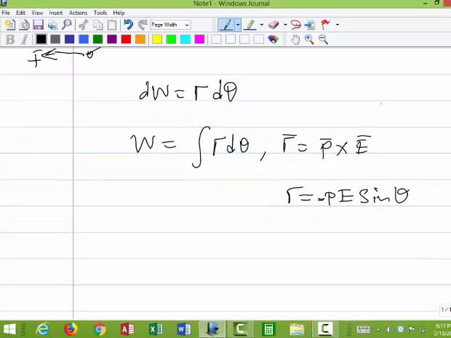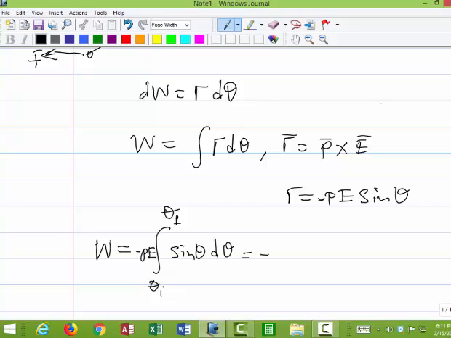With that in mind, we shall say that the work done by the electric field to rotate the dipole in the electric field is given by minus PE, and then you have sine theta d theta, going from an initial position theta I to a final position theta final.